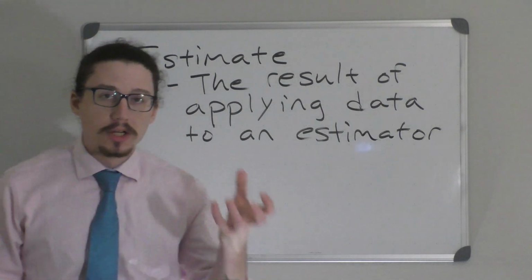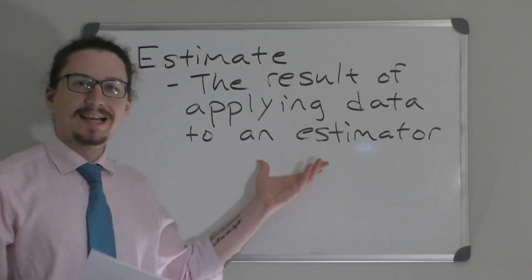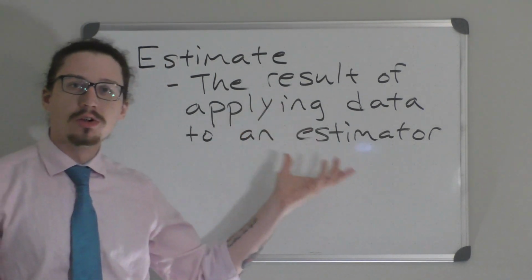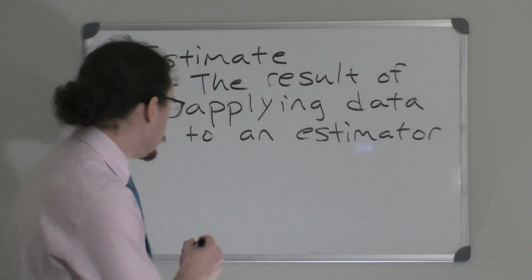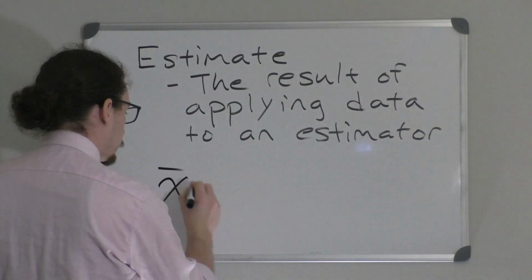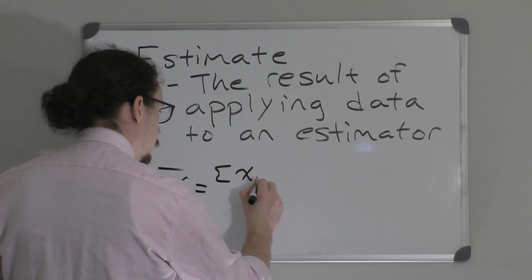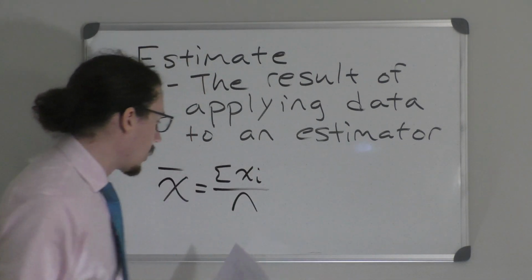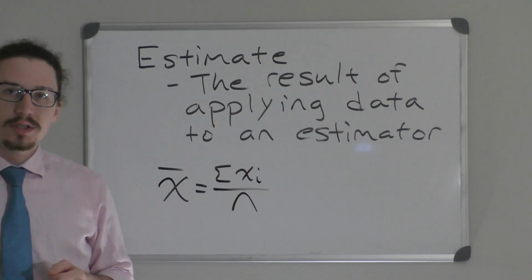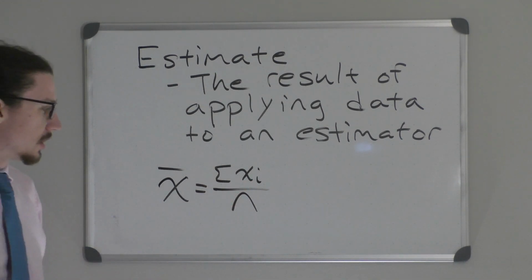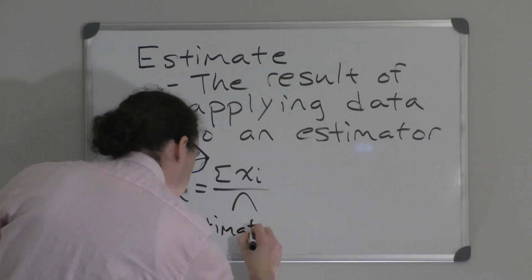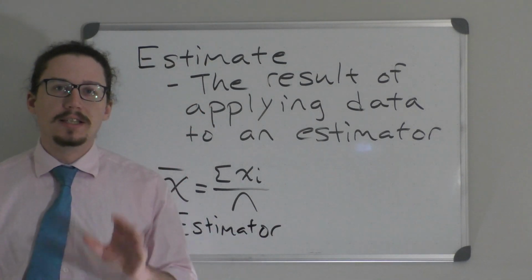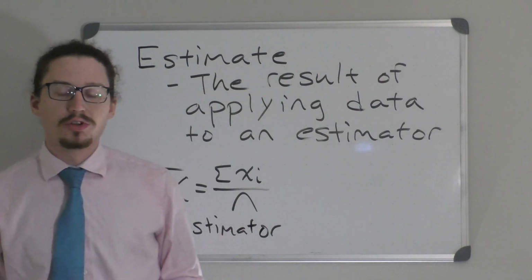So an estimator is the rule or strategy. The estimate is the result of that. So this is the actual number. So for example, X bar equals the sum of xi over n. That is an estimator. That's the rule or the strategy.